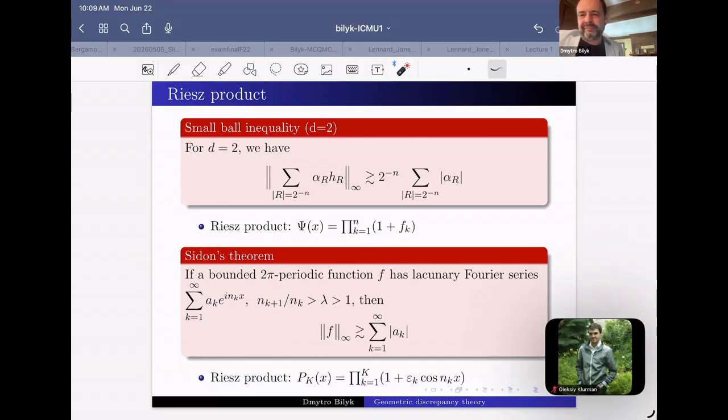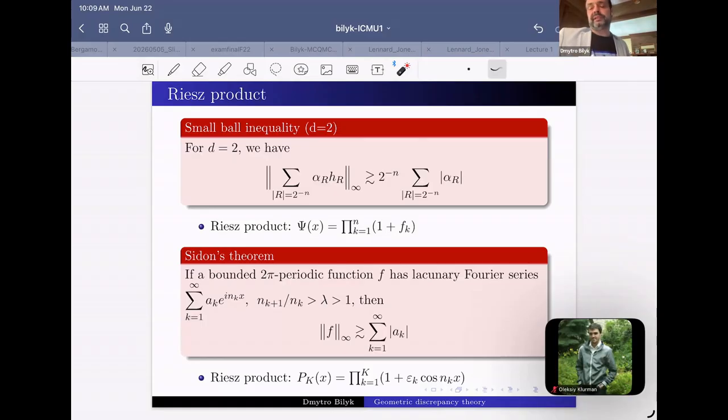But there is a pretty famous theorem of Sidon which says the following: you have lacunary Fourier series. So think of a Hadamard lacunary sequence, where every next term is greater than some multiple of the previous term, some multiple greater than 1. Think about 2 to the k, 10 to the k, something that grows exponentially or super exponentially.